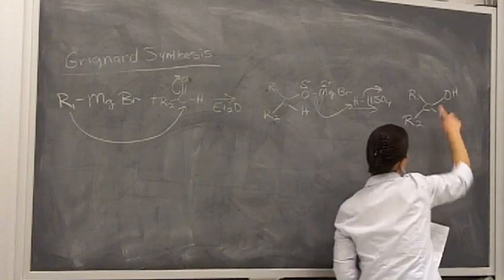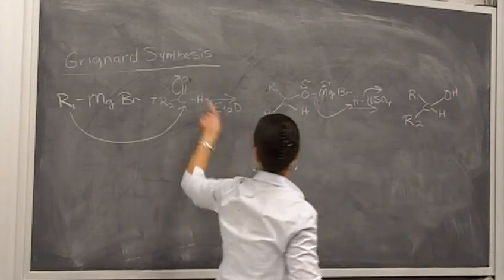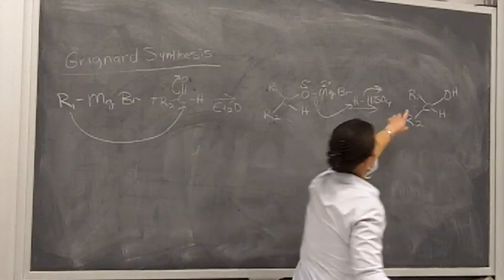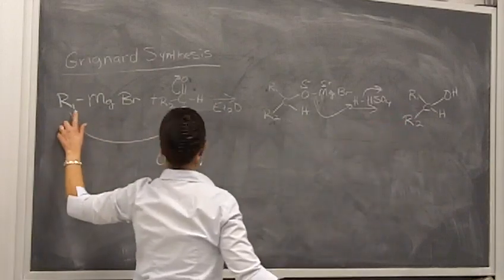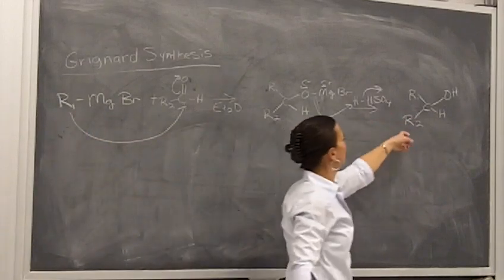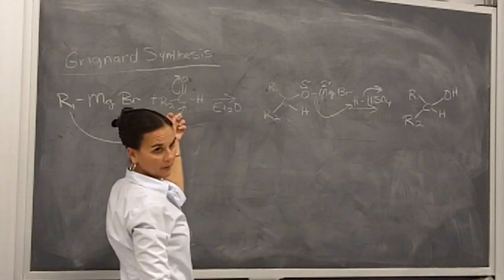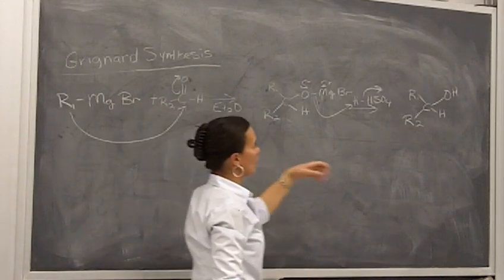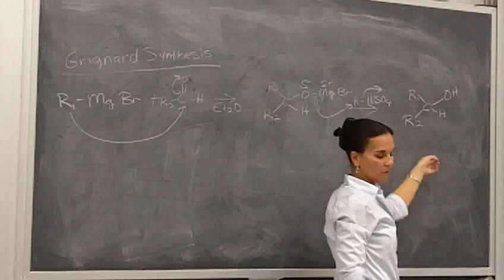Okay, so remember our OH group came from here, which came from the aldehyde. R1 was from back here, which came from the alkyl bromide. R2 came from the aldehyde, all right? This is what we want to form this week, all right?